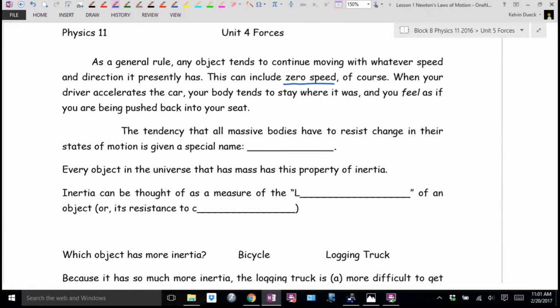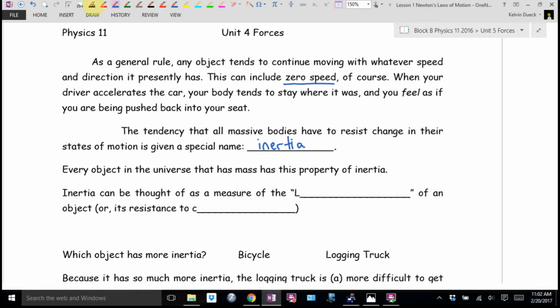This tendency that all massive bodies have to resist change in their states of motion is given a special name. We call this inertia. Every object in the universe that has mass has this property called inertia.